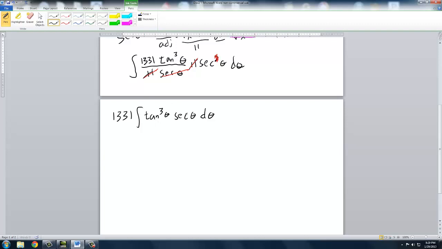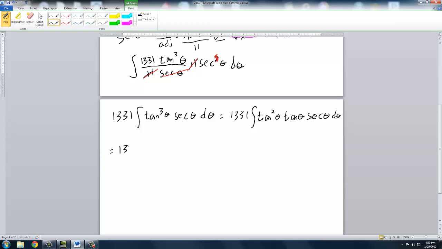This isn't too bad, because remember the basic rules: secant even, tangent odd. Hey, tangent's odd. So we're going to save one tangent out with this secant, and then convert the rest to secant. So this equals 1331 times the integral of tangent squared theta, tangent theta, secant theta d theta. Now, what is tangent squared theta?